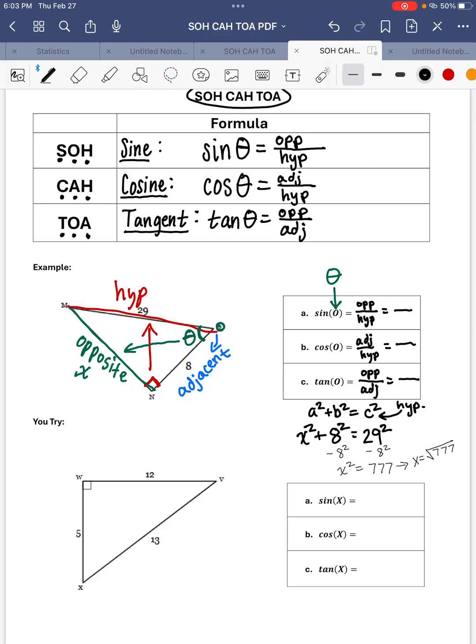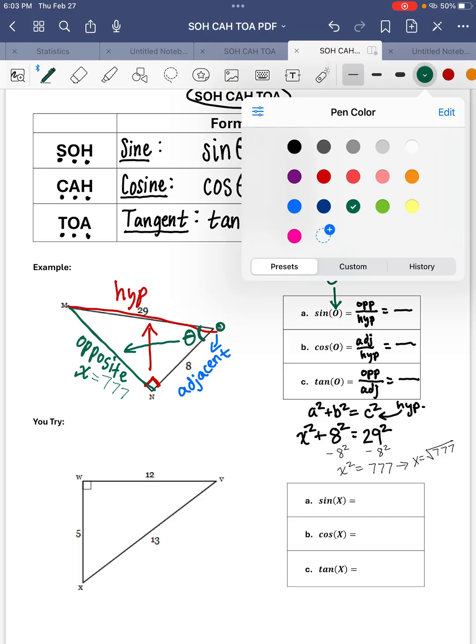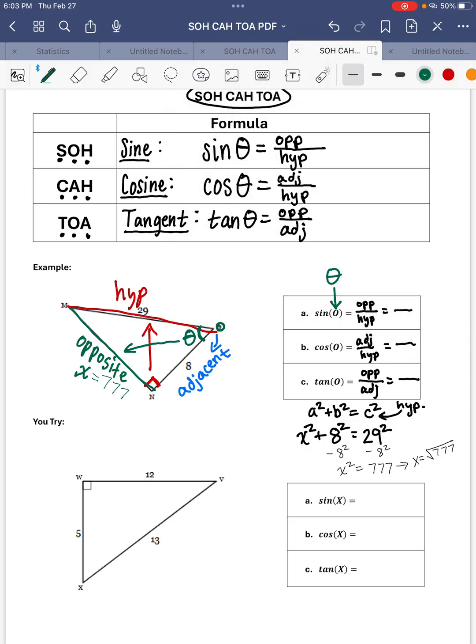And now I can come back to my triangle and label it for my opposite. All right, and then once I have that, it's just plugging in the numbers. So, oh, sorry. Opposite should be square root of 777. So, opposite, square root of 777.